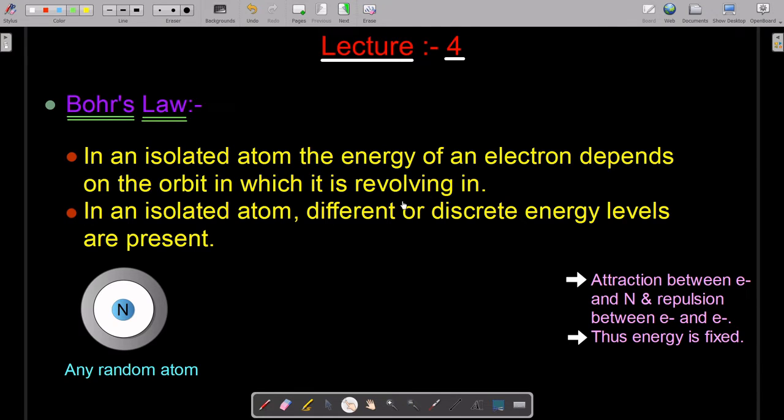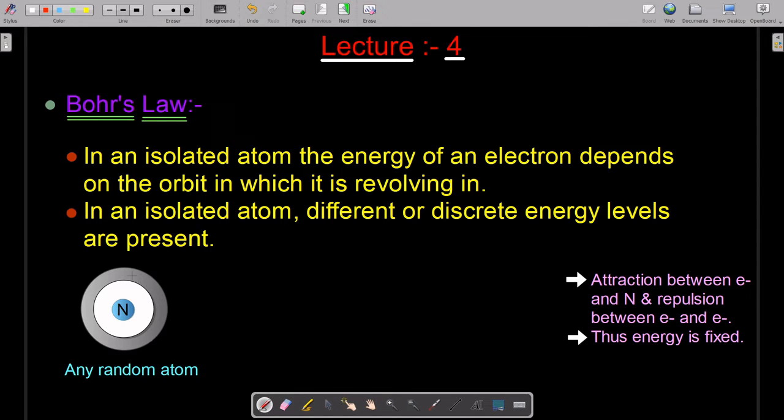First of all, we'll try to understand what exactly this sentence is trying to tell us. Let's suppose this is any random atom, and this is the nucleus of that atom, and these are two orbits. I have just considered two orbits; you can consider any number of orbits you want. I hope you have a basic idea about K, L, M shells and orbits.